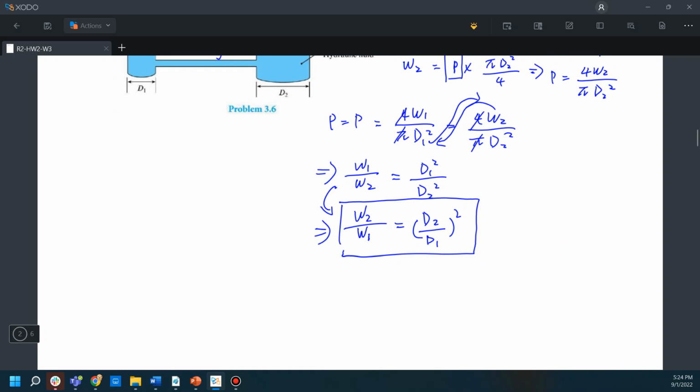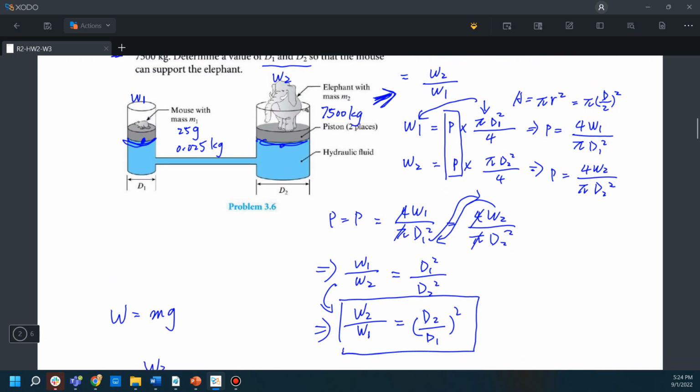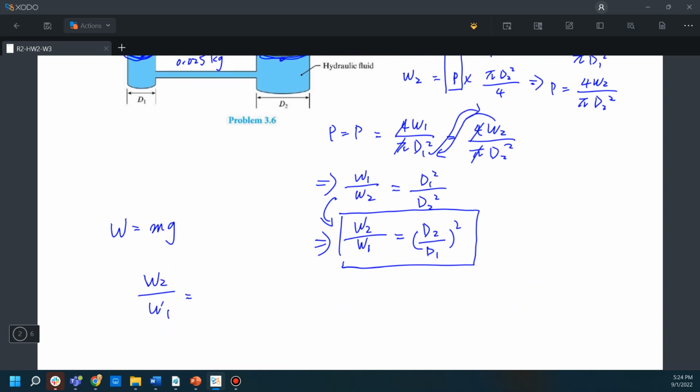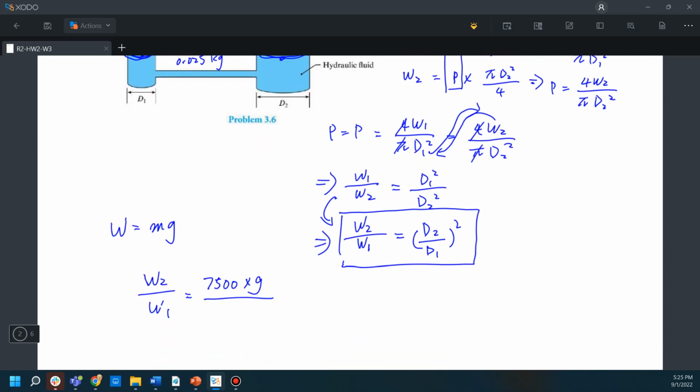The weight is equal to mg, so W2 over W1, where W2 is the elephant, is 7,500 times g, and W1 is for the mouse, the weight of the mouse is 0.025 times g.